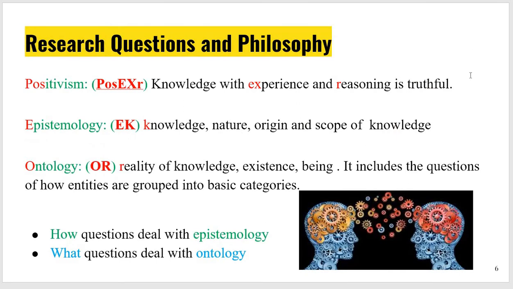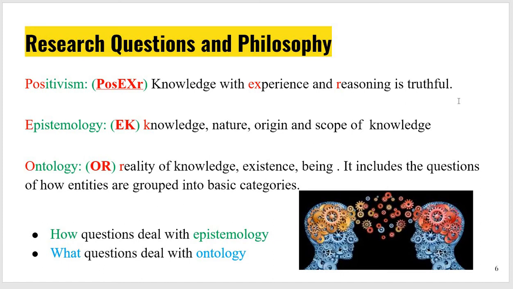Research questions and philosophy. Philosophy is the study of knowledge, wisdom. There are three main aspects of philosophy. One is positivism. Here I have tried to simplify the things, though they are very long, and even then students are confused.